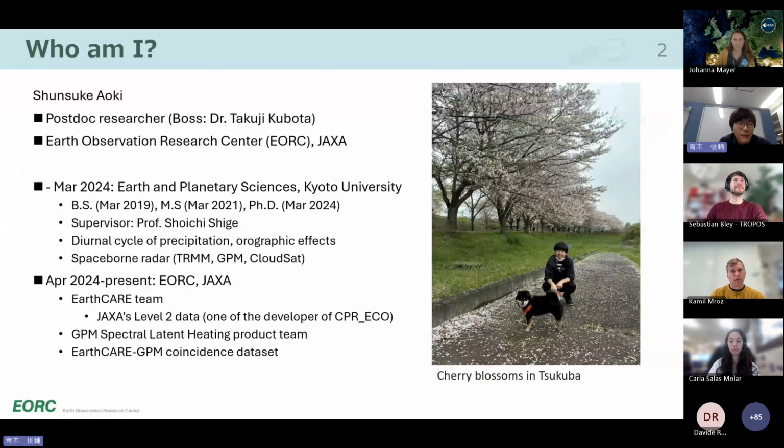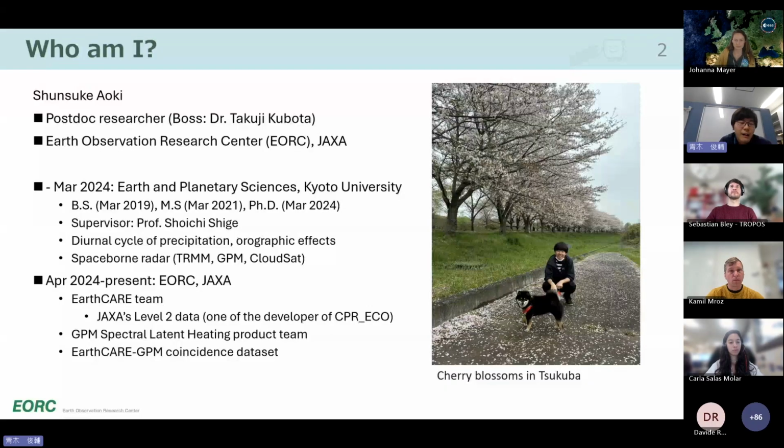Before that, I was a PhD student at Kyoto University, and I studied diurnal cycle precipitation and orographic precipitation by using spaceborne radar, such as TRMM, GPM and CloudSat.